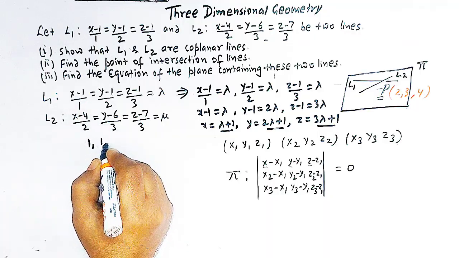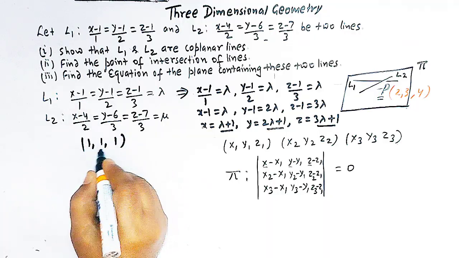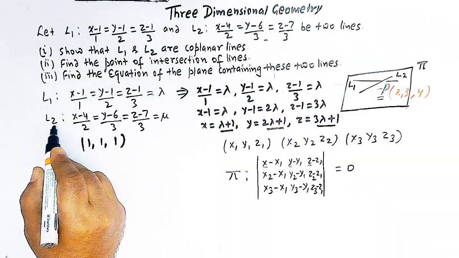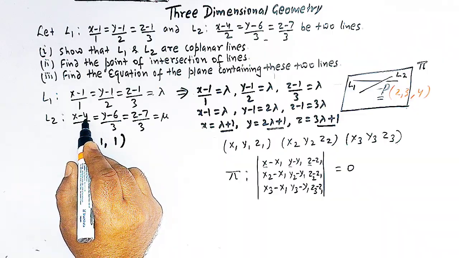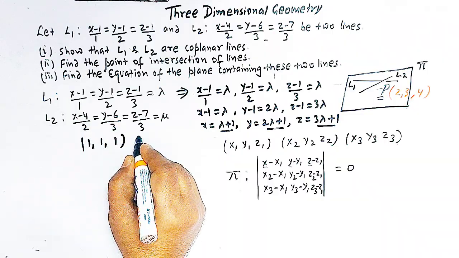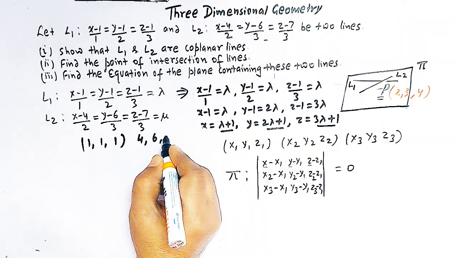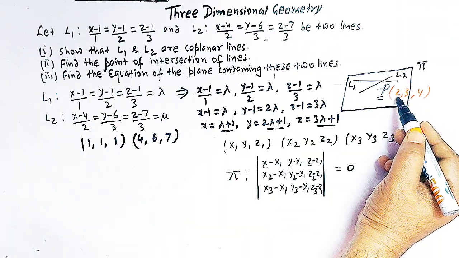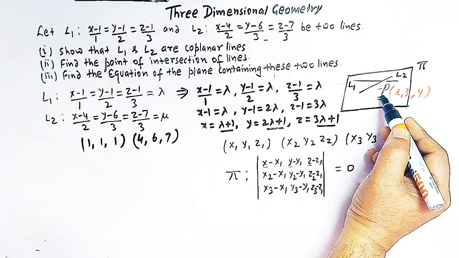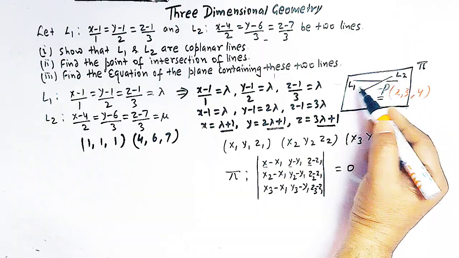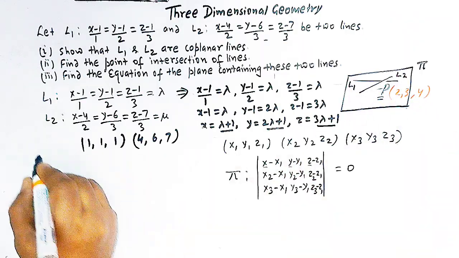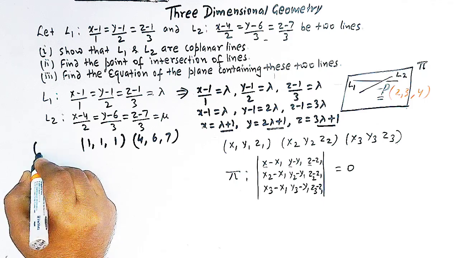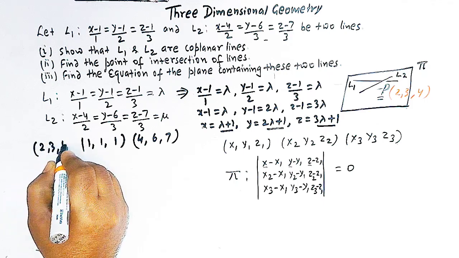Now this line L2 passes through the point 4, 6, and 7, right? And the third point is the point P, the point of intersection of L1 and L2, so we can write the point 2, 3, and 4.